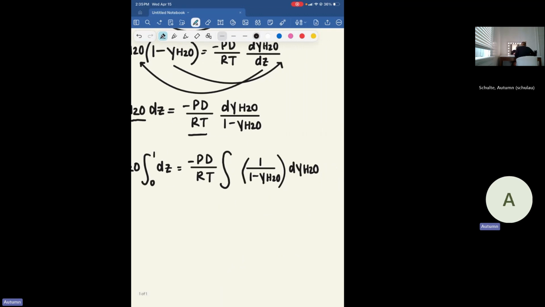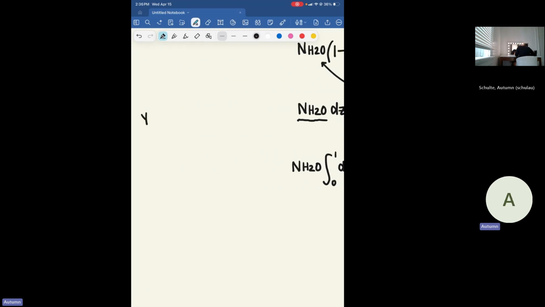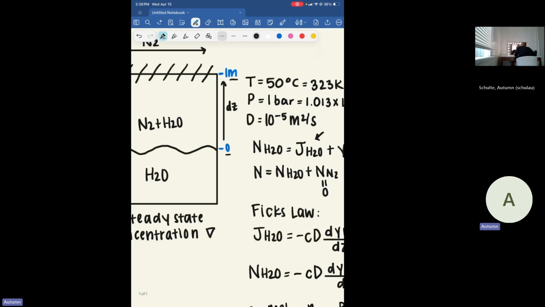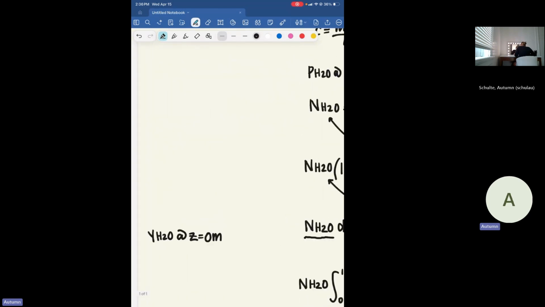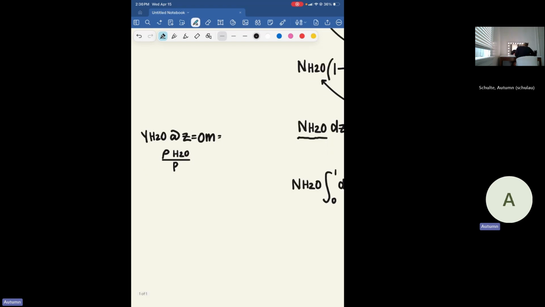And then when we think about our mole fraction, we can actually relate that back to our partial pressures. So the mole fraction of water at Z equal to 0 meters, right at this interface, is equal to the partial pressure of the water divided by the total pressure of our system.